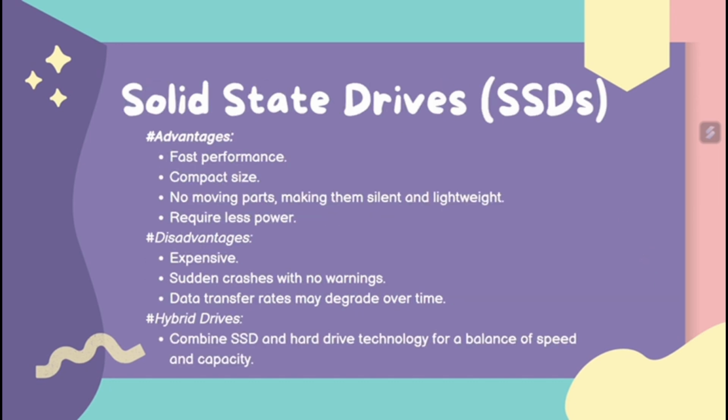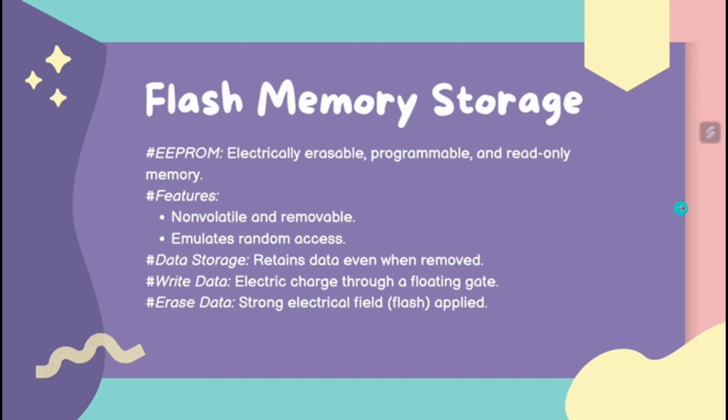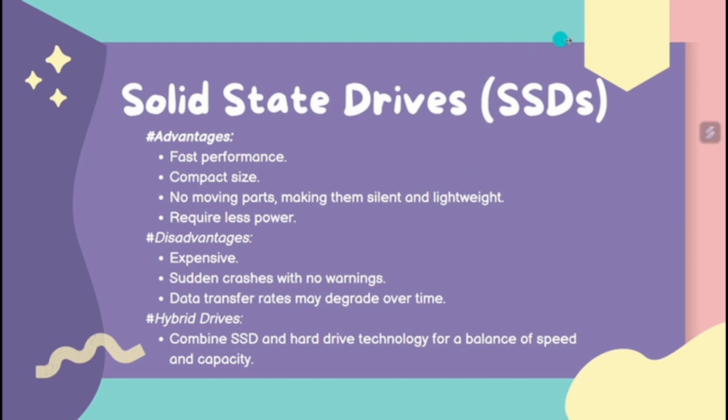And then this is the example for solid state storage. Solid state drive, SSD, is an example of solid state storage. The advantages of SSD are fast performance, compact size, and no moving parts, which makes them silent and lightweight, and they also require less power.